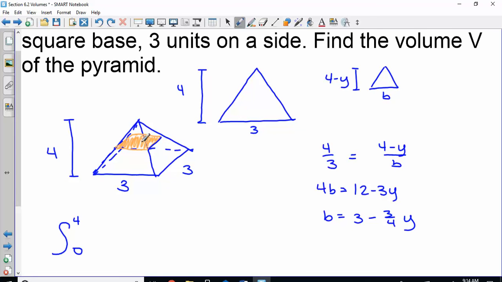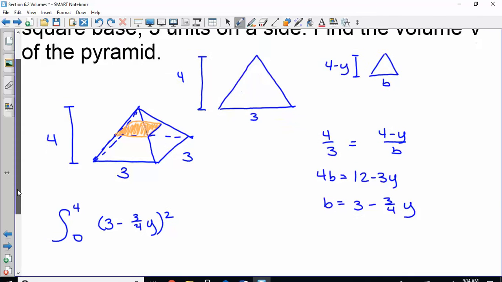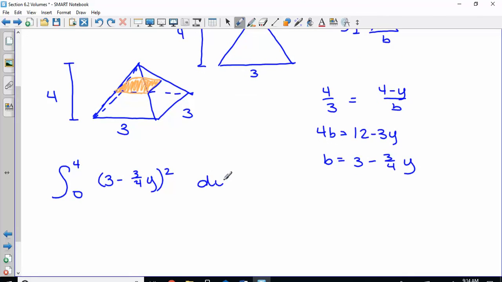Then area of the cross section, that was a square, so length times width. So it would just be the 3 minus 3/4 y squared, because it's a square, those sides are the same, dy.